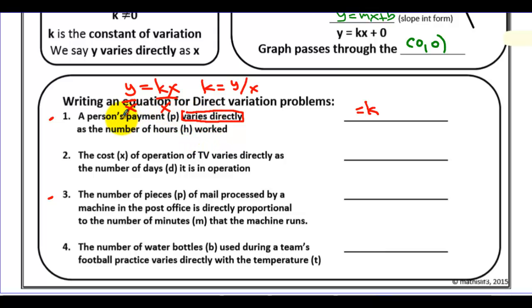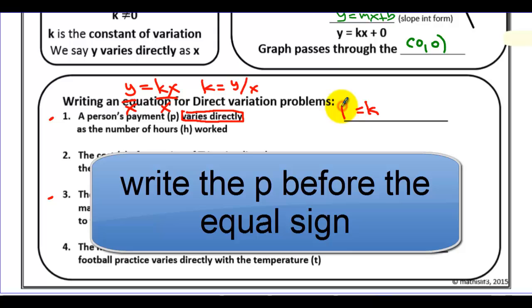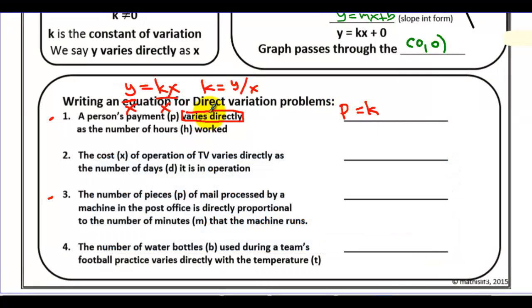Now the quantity before this is the person's payment, which is P, and then the quantity after the varies directly is the number of hours represented by H. If we are going to solve for the constant of variation or the slope, we just need to divide both sides by H. So we are just isolating our K. So your K here will be equal to P divided by H. So the equation is P equals K times H, and the constant of variation is P divided by H.